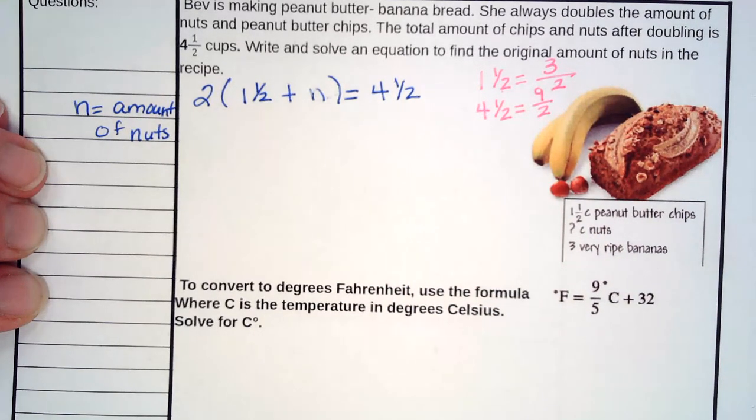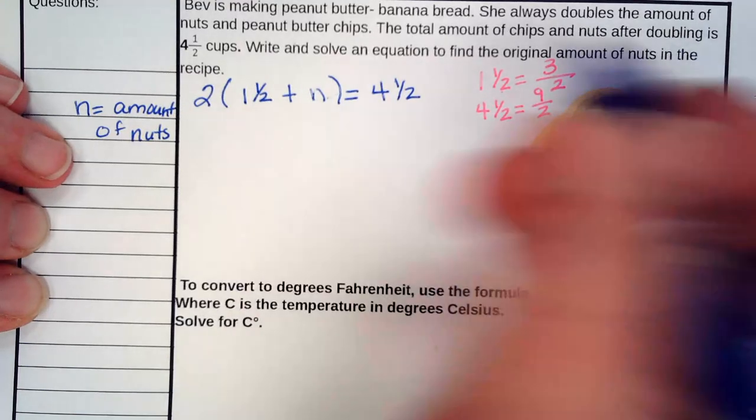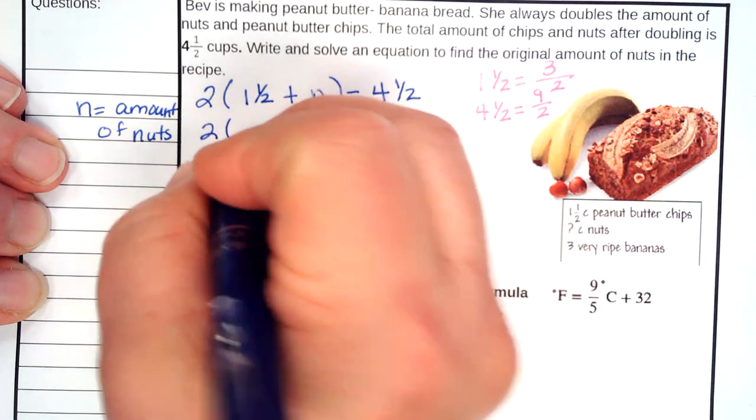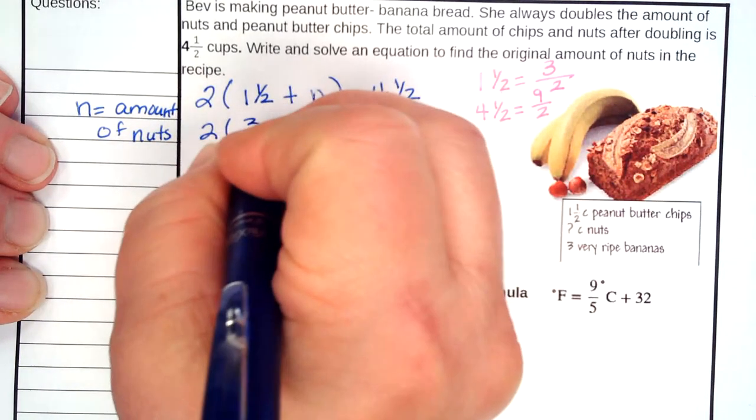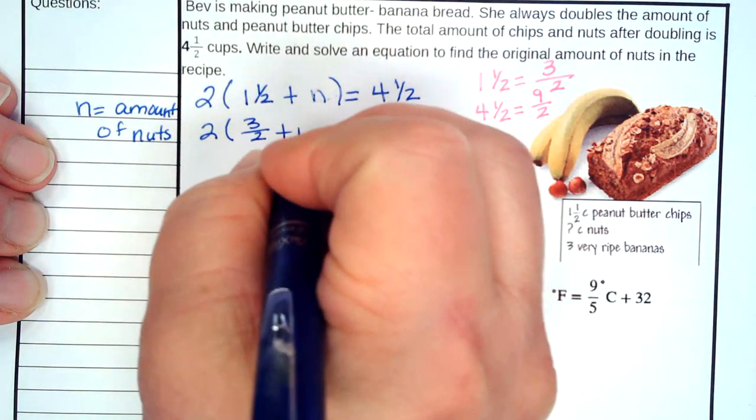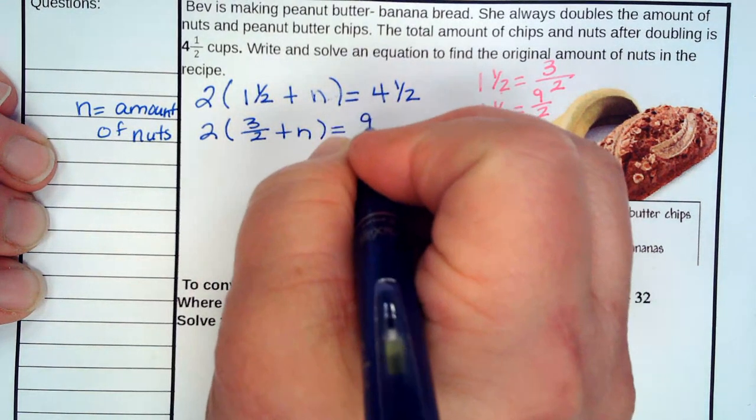Okay, let's rewrite using our improper fractions. 2 times 3/2 plus n is equal to 9/2.